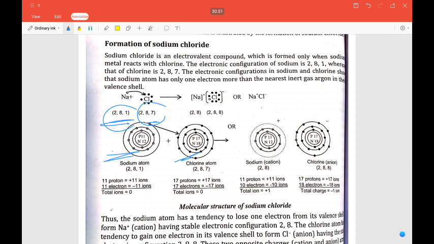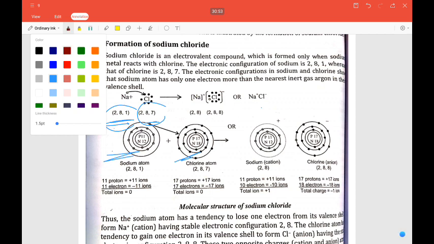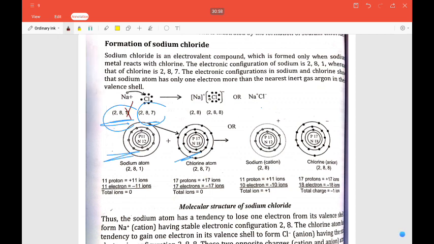So what does sodium do? Sodium gives 1 electron to chlorine, from here to here. If so, the sodium atom now possesses the configuration 2, 8, and the chlorine atom possesses 2, 8, 8. See here, I have circled 2, 8 in sodium and 2, 8, 8 in chlorine.